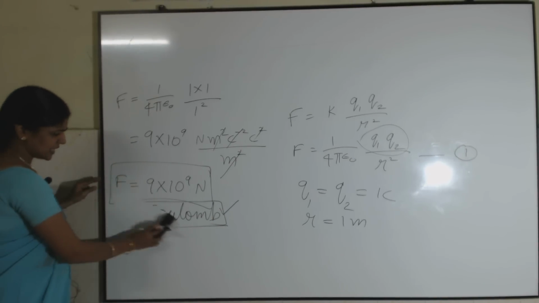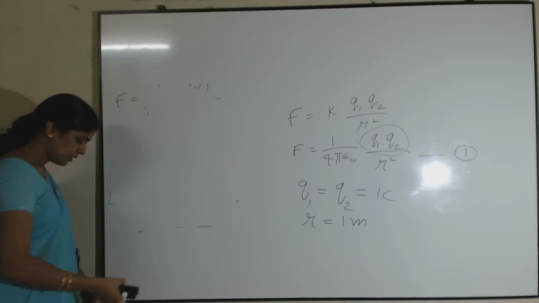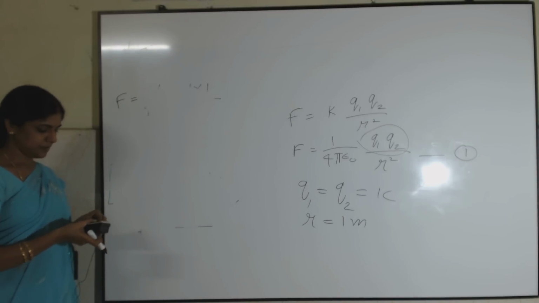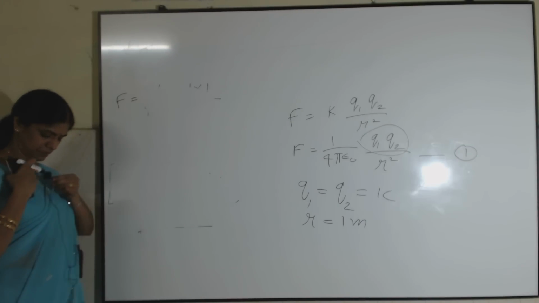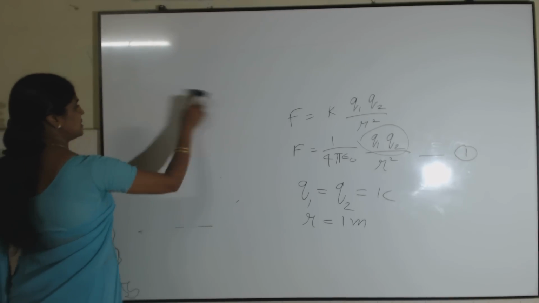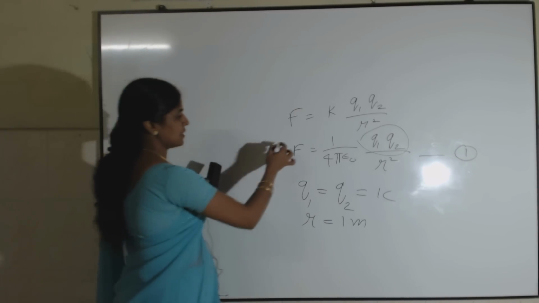Now if these two charges are situated or placed in a medium of permittivity epsilon, let this be equation 1.